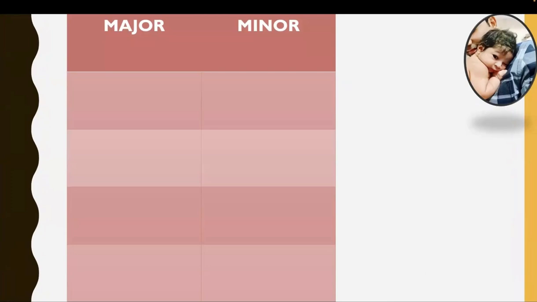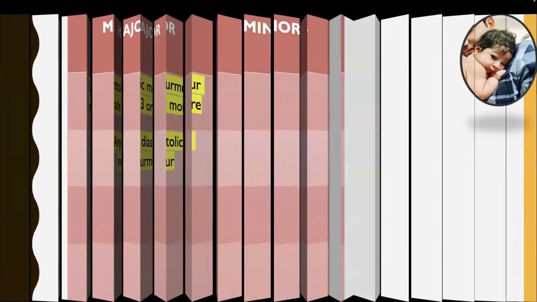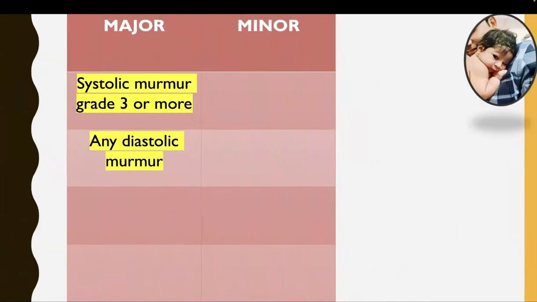Major criteria means, very importantly, we have the systolic murmur grade 3 or 4. Like, if the patient has a murmur, like we have a newborn baby, you are the doctor on duty, and you are expecting that this baby is having a congenital heart disease. So how will you confirm that?